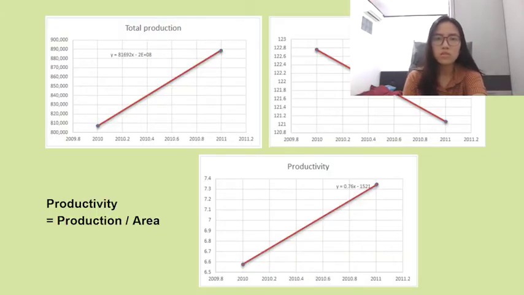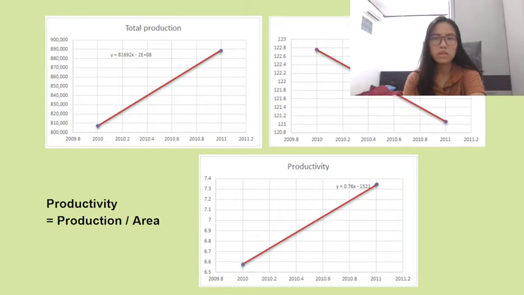And these are the graphs that we can conclude from the problem. It can be observed from the graph shown that the total production of large fresh chili increased steadily in 2010 and 2011.